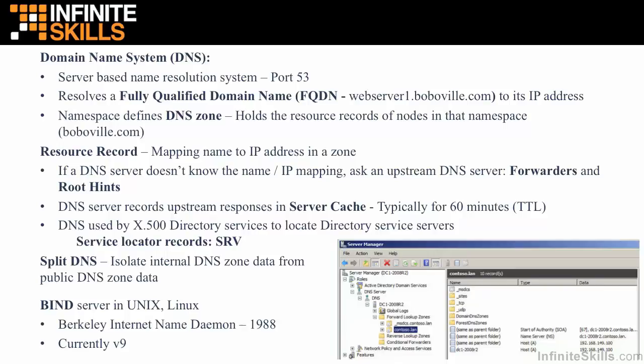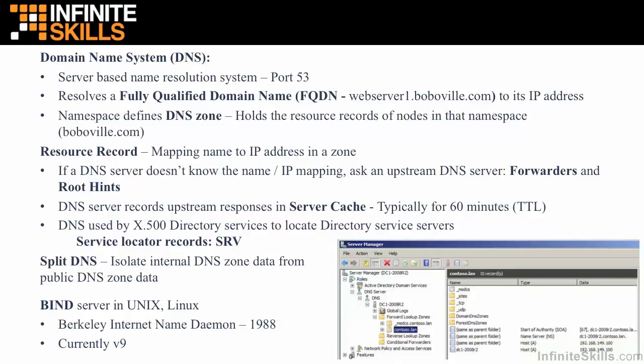And we see there's a DC1-2008R2. That's the local host name of a domain controller who is a member of the contoso.lan domain. And as you look to the right, you can see his IP address is mapped at 192.168.149.100. So there is that local host in contoso.lan mapped to an IP address. That's a fully qualified domain name mapped to the IP address. That's what DNS does for us.